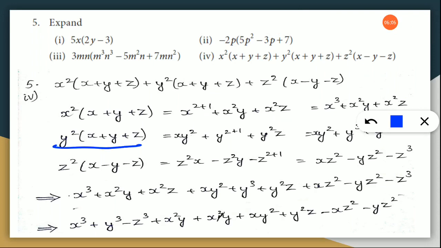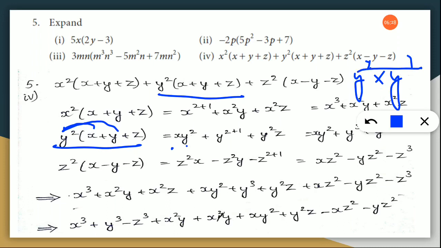Now the next step, y square into x plus y plus z. So the second term is taken separately and written. First we are going to multiply this y square with x. So the answer will be x y square or y square x, okay, anything. Sorry, y square into y will give us y square into y. So it has the same base, so the powers are being added.